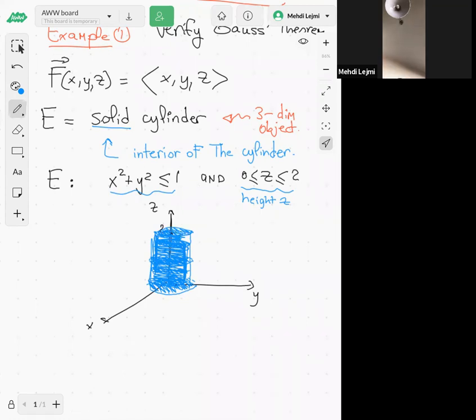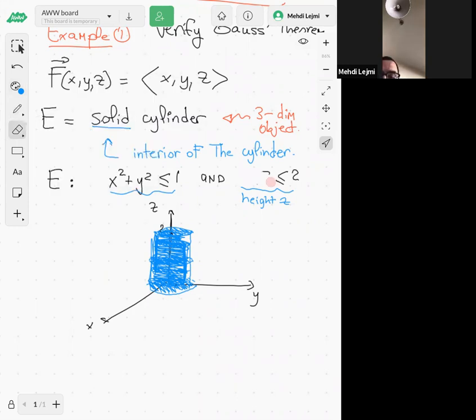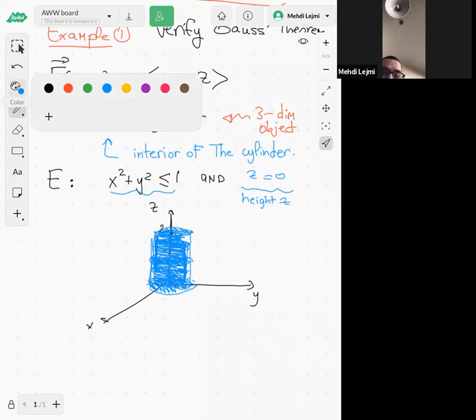Again, guys, you see the difference. If you say z is equal to 0, then you take the inside of the circle x squared plus y squared equals 1, which lies on the xy plane. So it's just a disk, and a disk would be just a surface. But what we are saying here is that z is not just equal to 0. Z could be anything between 0 and 2.